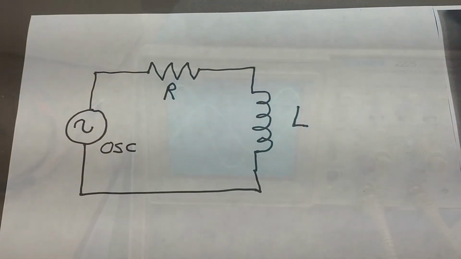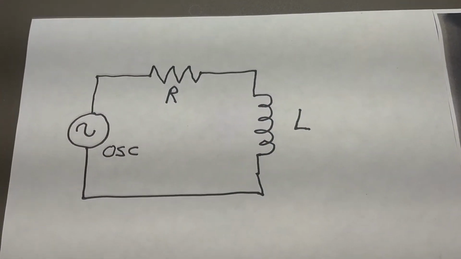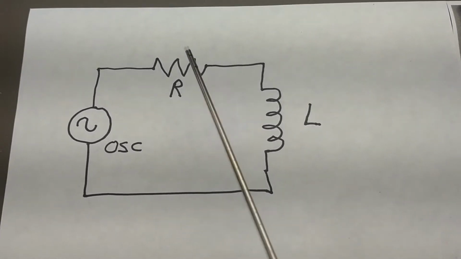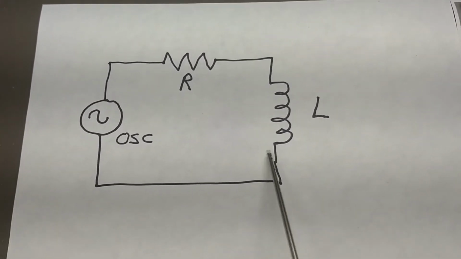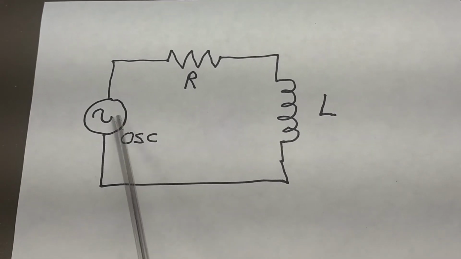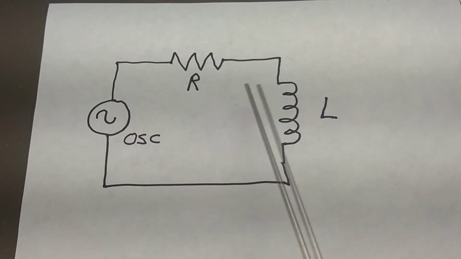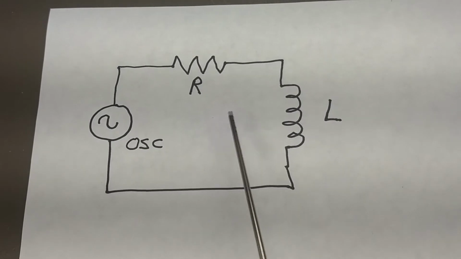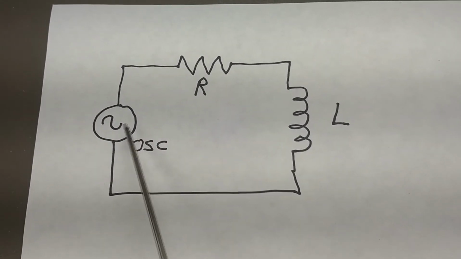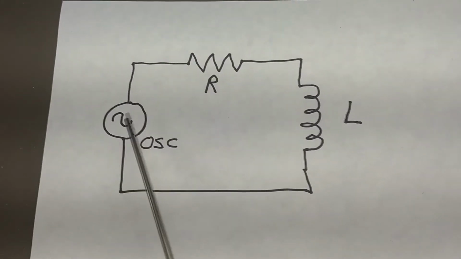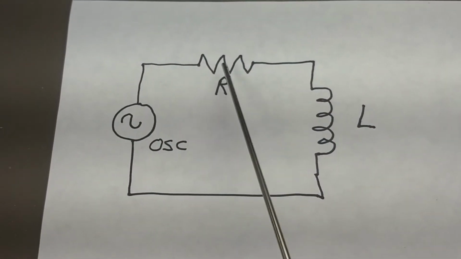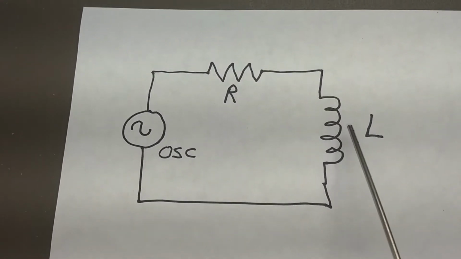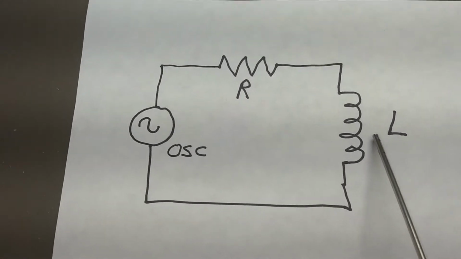Okay, here's our setup for inductors. We have a resistor in series with an inductor that's driven from an oscillator. Now the values here don't matter. The oscillator frequency doesn't matter. All we're going to look at is the waveform across the resistor and across the inductor.